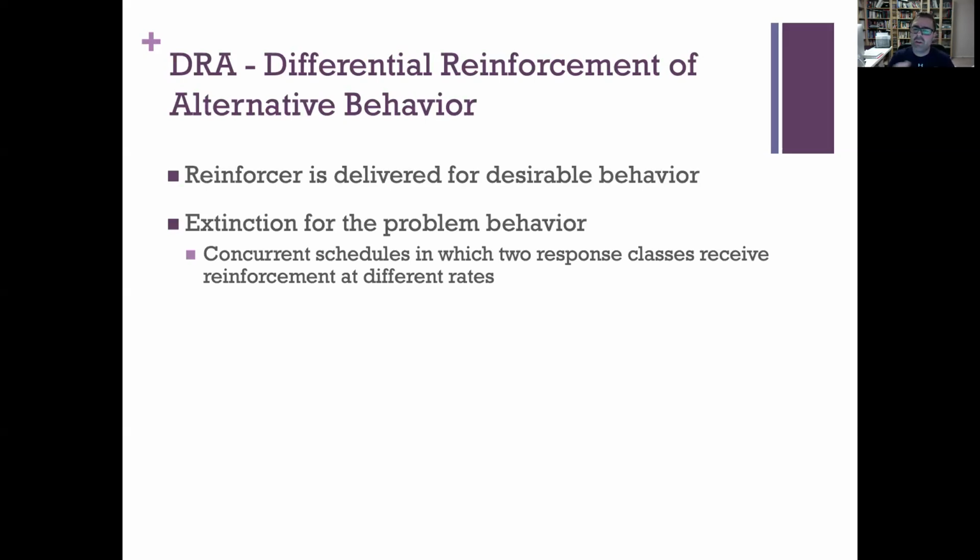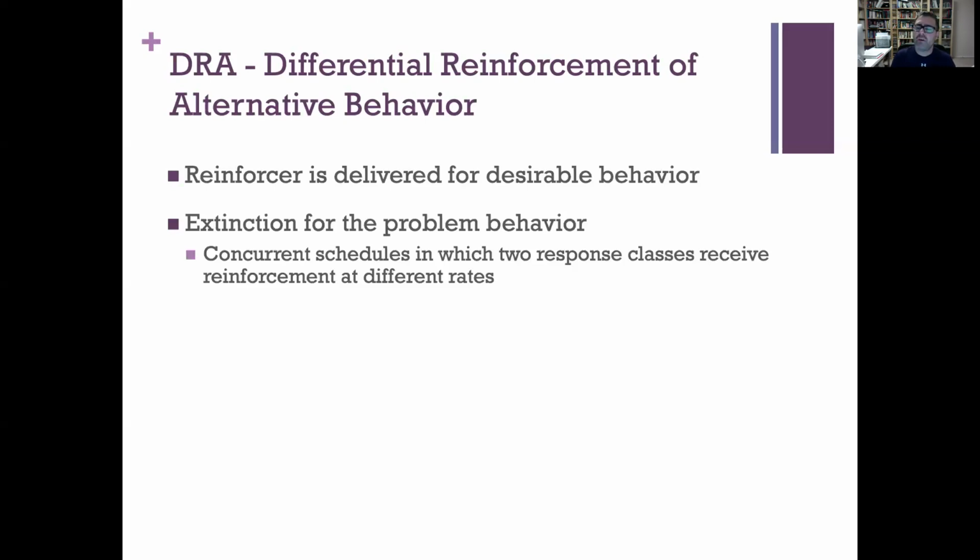Another class of behaviors are the problem behaviors that, again, may not always look exactly the same, and that class of behaviors has to be placed under extinction. That's why we say concurrent schedules of reinforcement, in which two response classes, the class of desired behaviors and the class of problem behaviors, receive reinforcement at different rates.